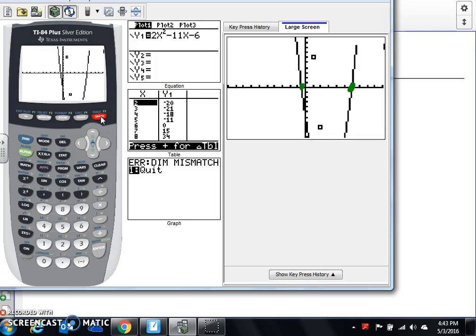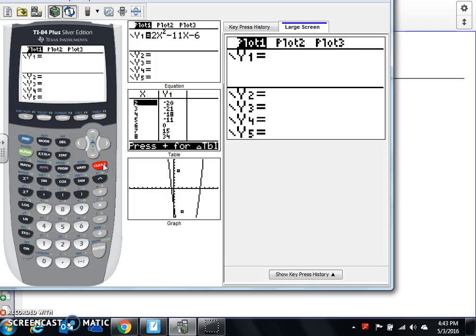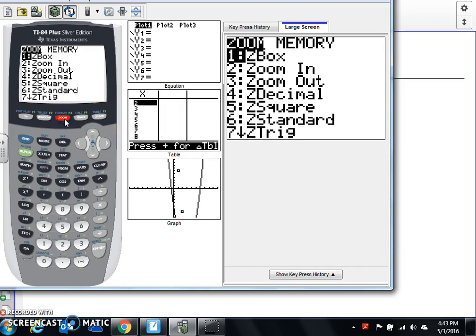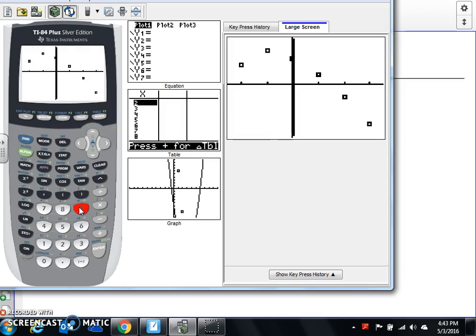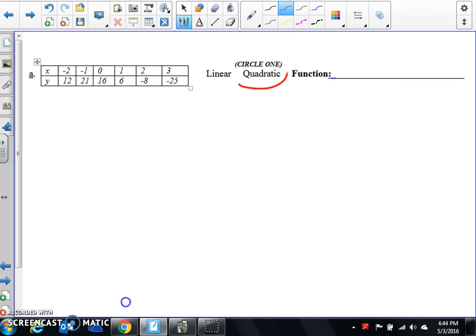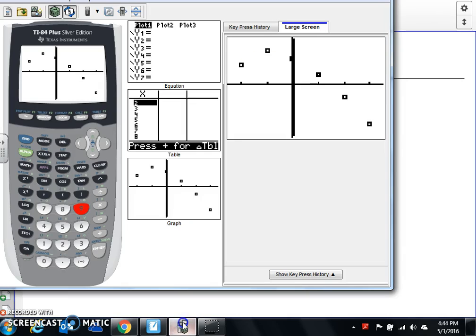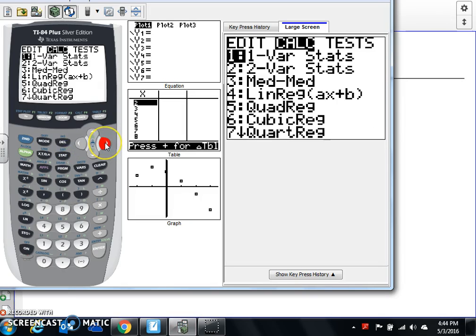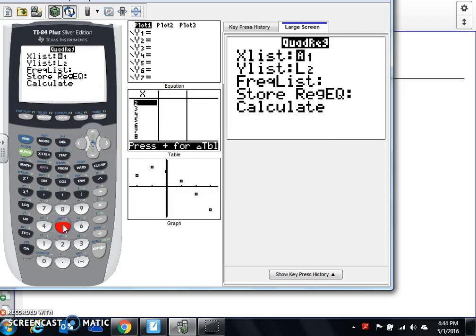Okay, then we look at the graph. Remember, we are in stat, so we need to make sure that the y equals is out of there. So go back to your graph and you zoom 9. So if I look at this, this is definitely curvature, so that's going to be a quadratic function. So I go ahead and circle quadratic. And then to find the function, I say stat calc quadreg, which is 5.